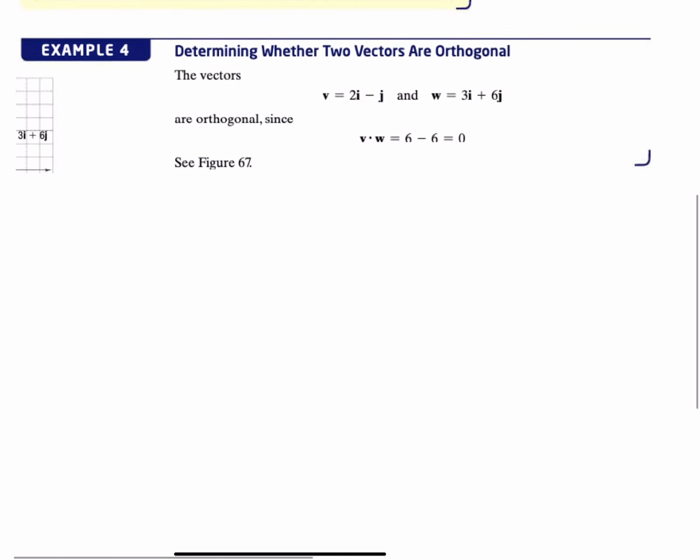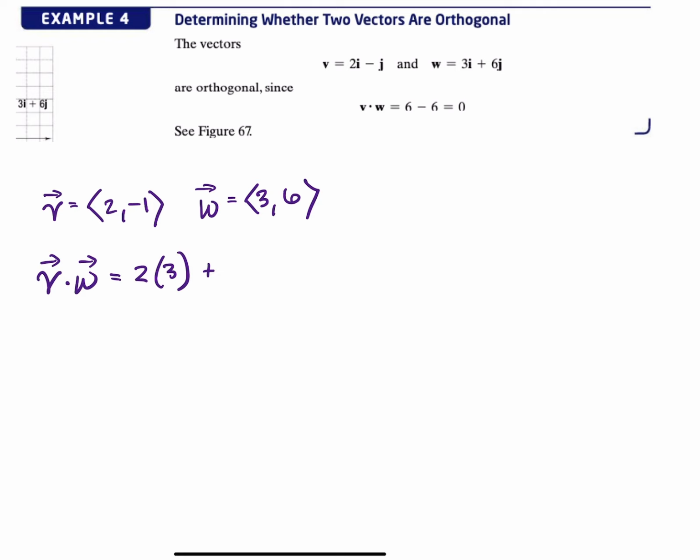So example 4 gives us two vectors. We have vector v as 2, negative 1, and vector w is 3, comma 6. So let's find their dot product. v dot w would be 2 times 3 plus negative 1 times 6, or 6 minus 6, which is 0.